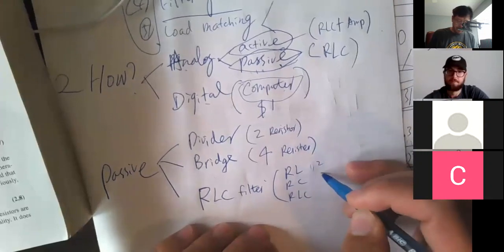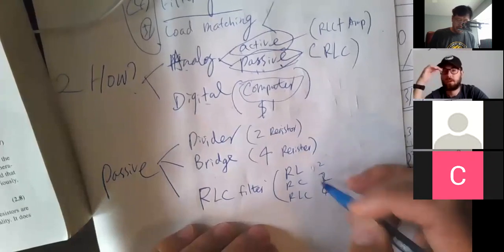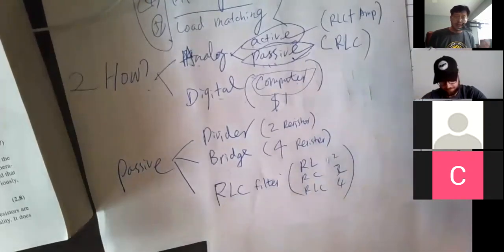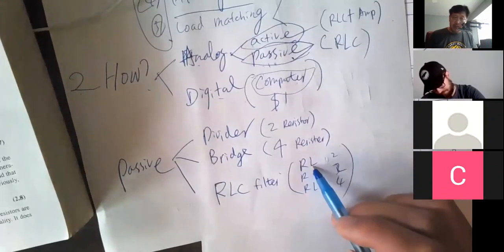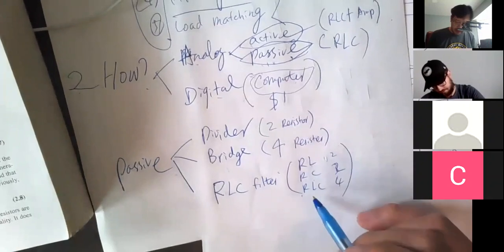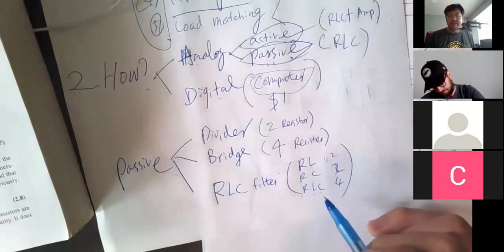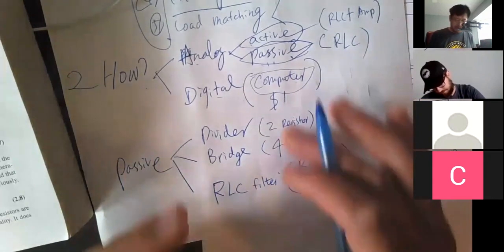This is 2, 3, or 4 components, right? So 1 resistor and 1 inductor, 1 resistor and 1 capacitor, 1 resistor, 1 inductor, and 1 capacitor. So those are 3 types of passive.